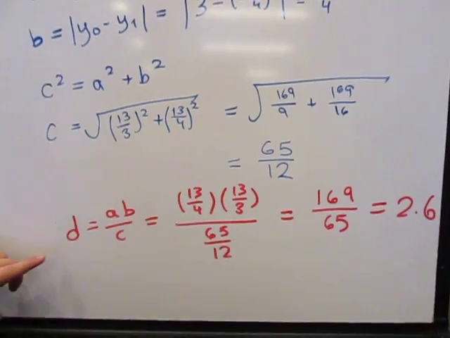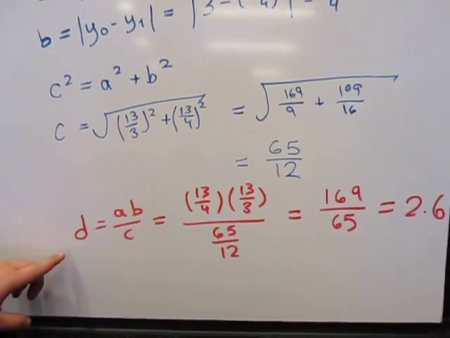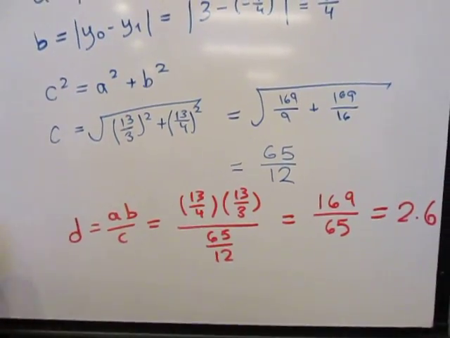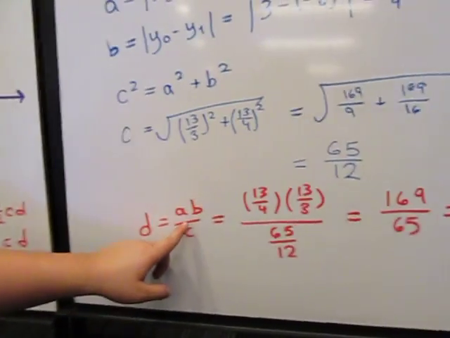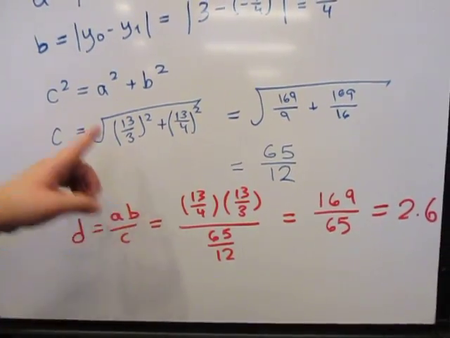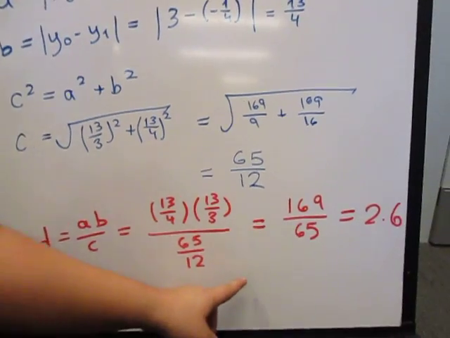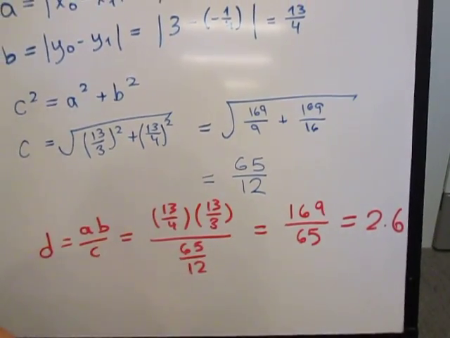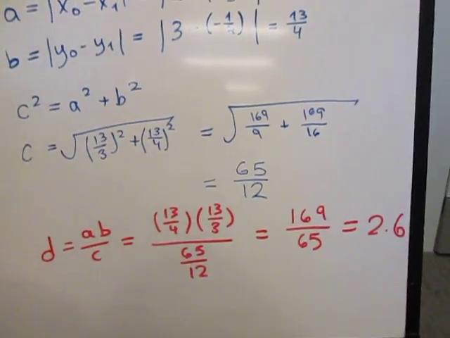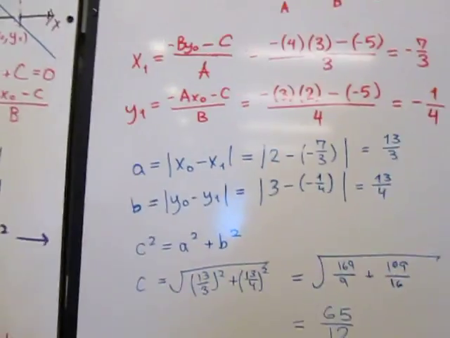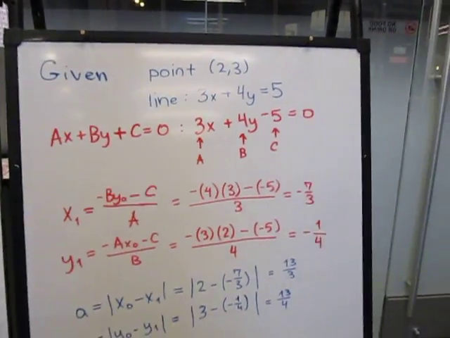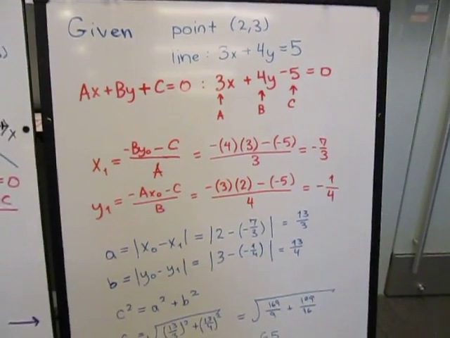Now our final equation, figuring out D from the areas of the triangles: D equals A times B divided by C. We plug in what we figured out, and we get that D equals 2.6, which is the distance from the point 2, 3 to the line 3x plus 4y equals 5.